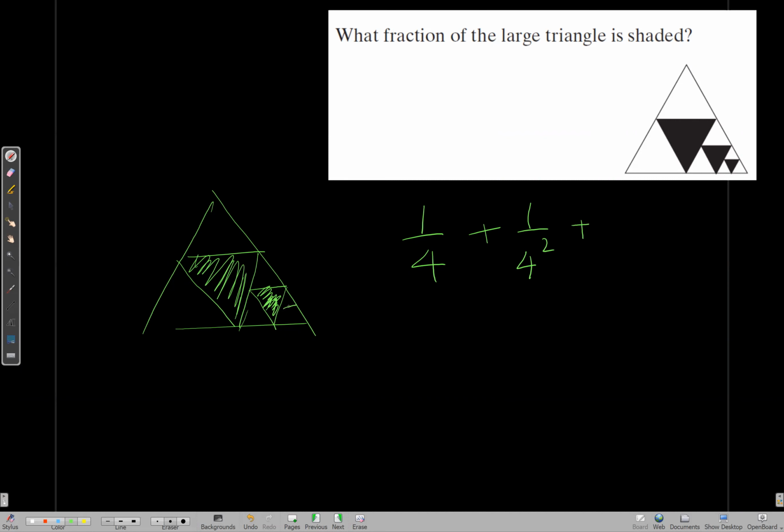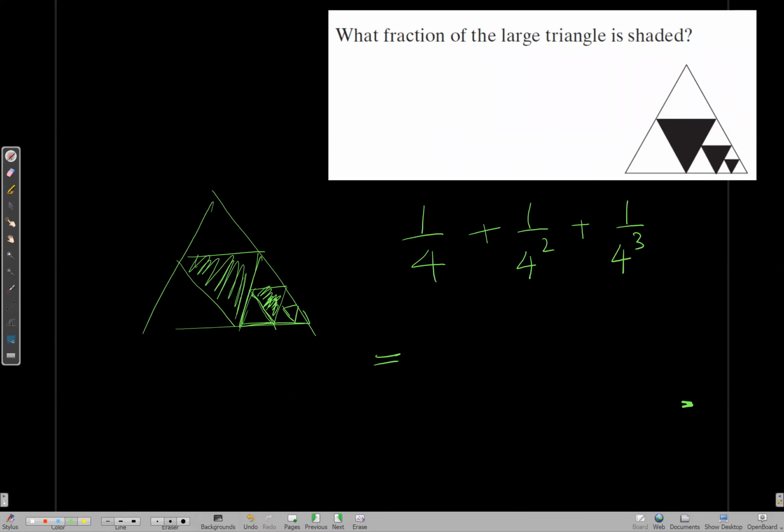And you do that again. This part is 1/4, this part is 1/16. So 1/4 of 1/16, so 1/64 or 1/4 cubed. And that's all it has been shaded.